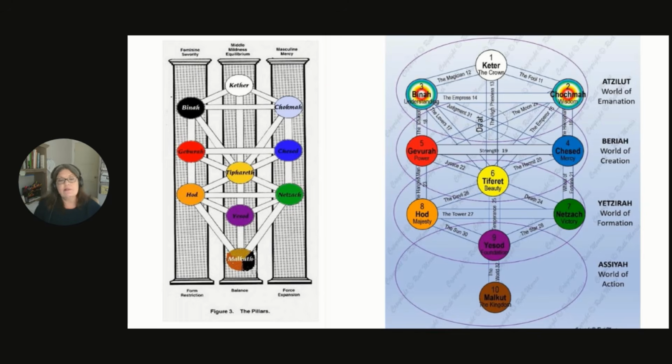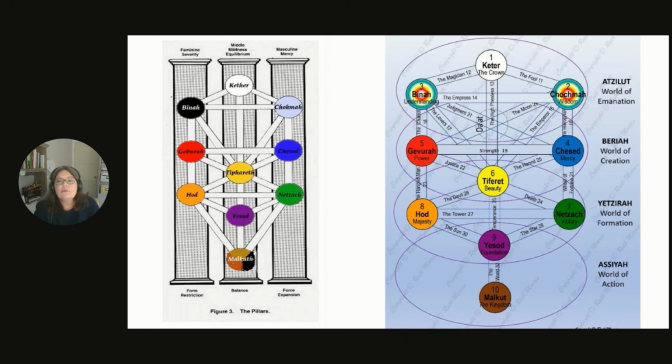So let's look at the second picture of the Kabbalah tree over here on the right. I want you to notice the 4 circles. You see the first circle at the top, it's called, I think I'm pronouncing it right, Atzilut, the world of emanation. And then you see it is surrounding the secret Sephirot called Da'at, Bina, Keter, and Chakma.